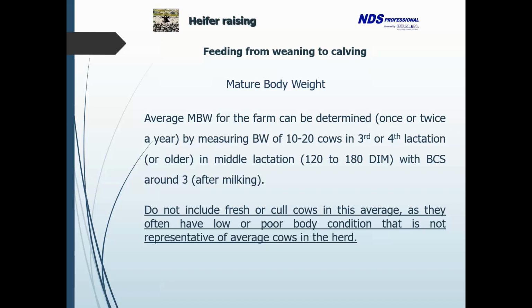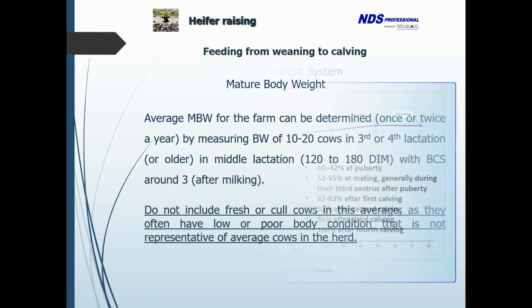But in any case, we need to have this value as an accurate measurement. Do not include fresh or cull cows in the average, as they do not represent the real body condition of our cows.